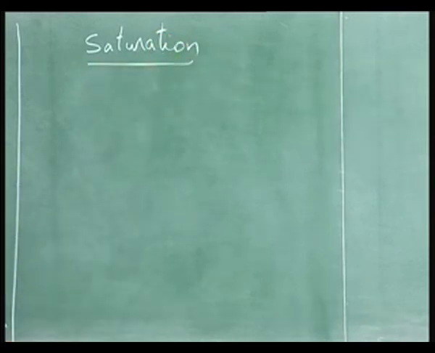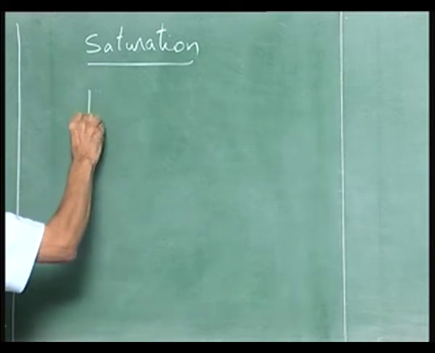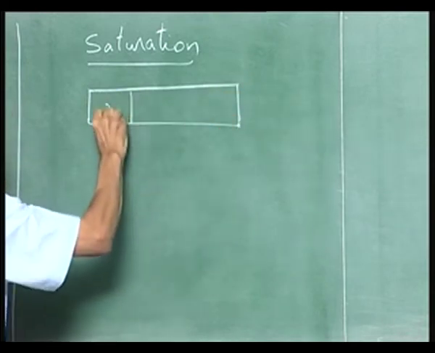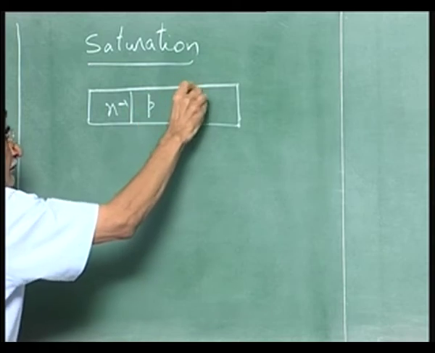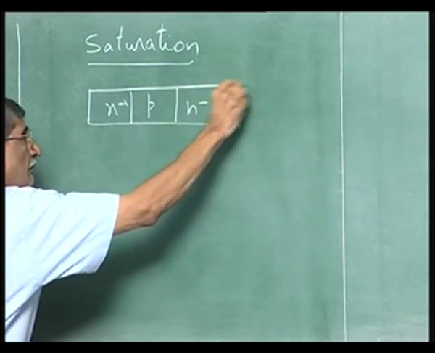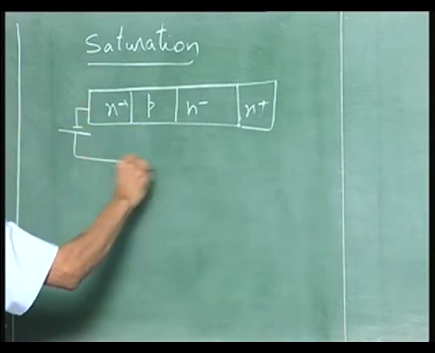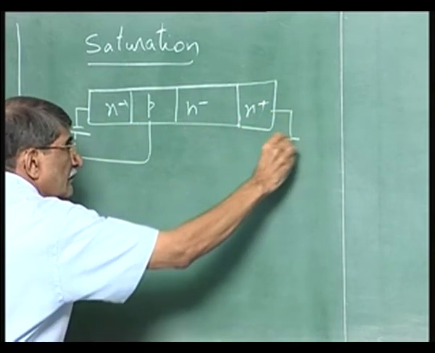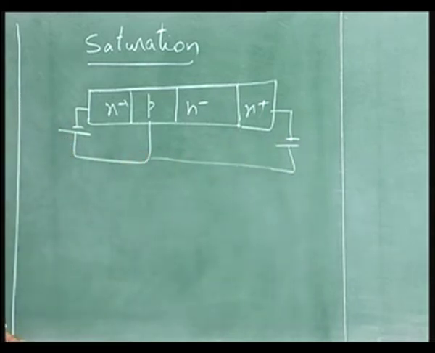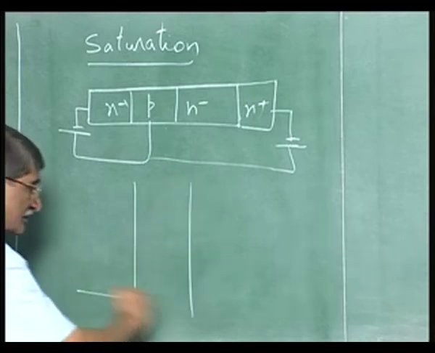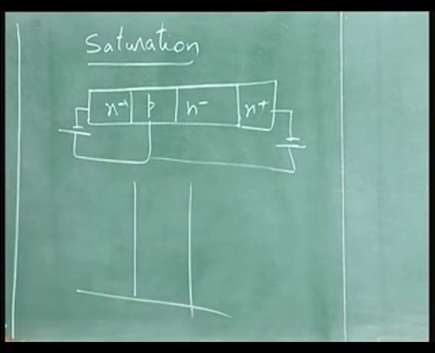If you allow the device to go into saturation, both the emitter base junction and the collector base junction are forward biased. Then what is the structure now? I will put the same diagram, but with forward bias. What is the charge distribution?